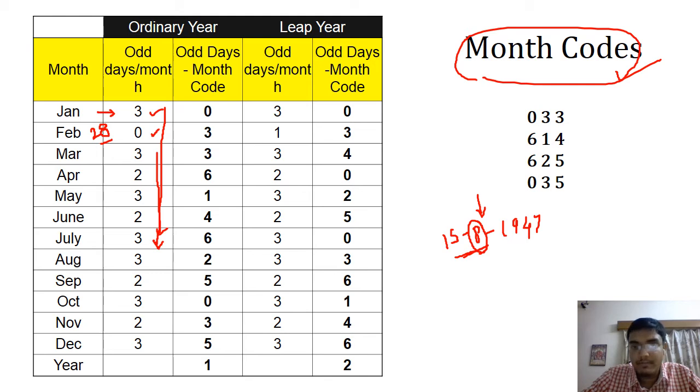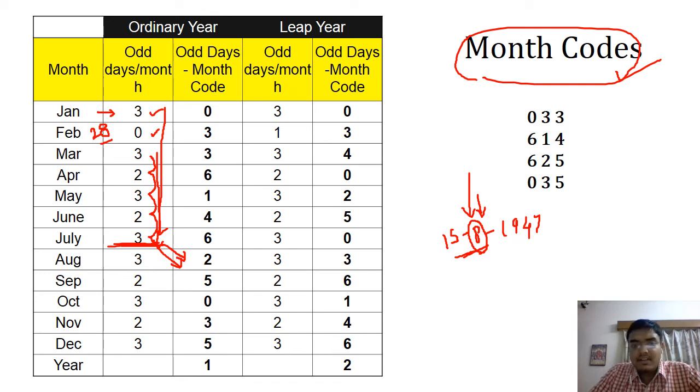Either you add all of them, that is because July is over, so you calculate till July. Till here you will be adding, and that would be your answer, which should come out as 2. See, we'll add it. 3 plus 3 is 6, plus 2, 8, plus 3, 11, 13 and 3, 16. And when you divide 16 by 14, you will get your remainder as 2.